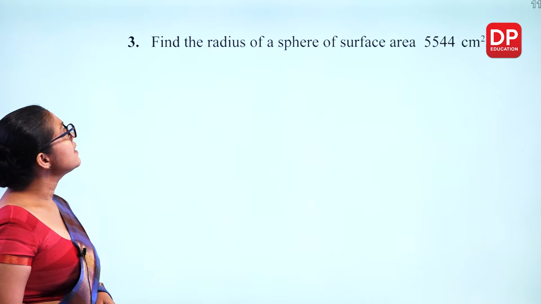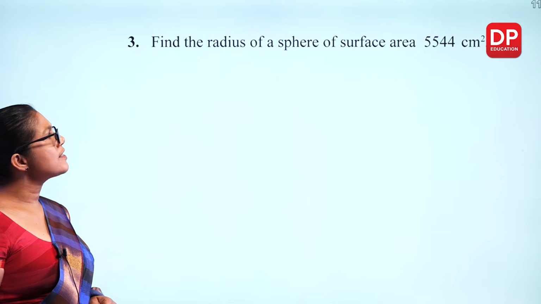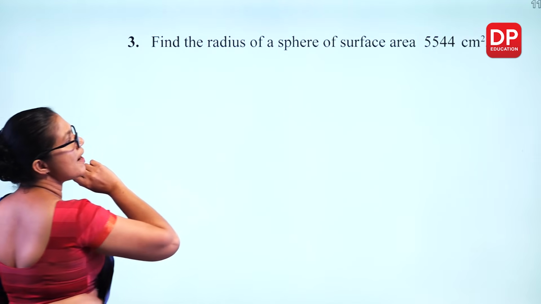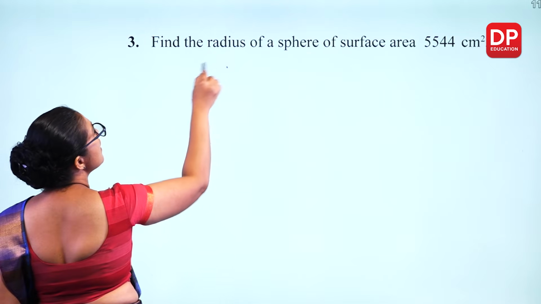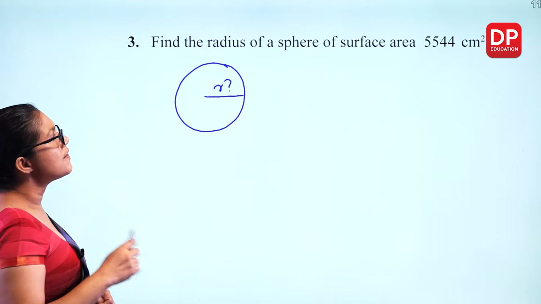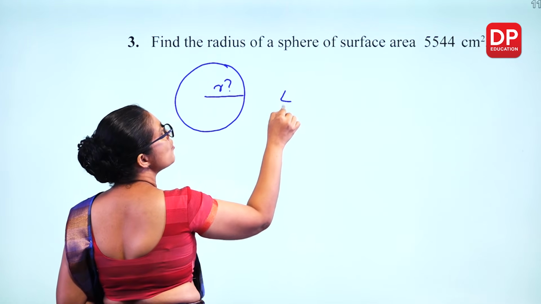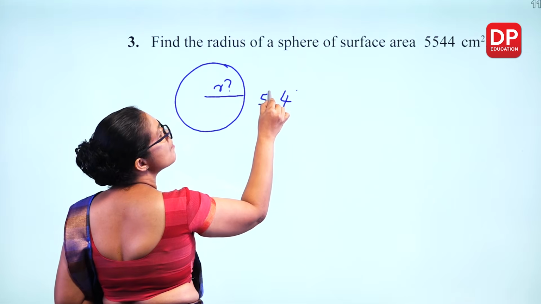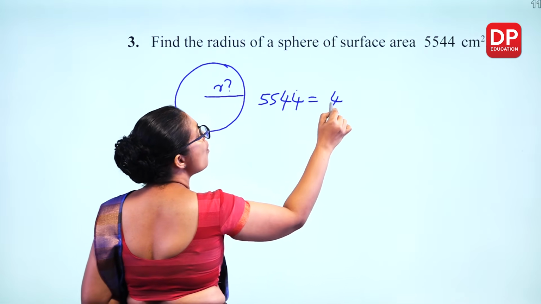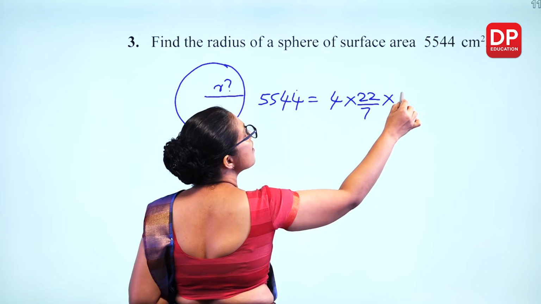Now we'll look at the third question. It says find the radius of the sphere if the surface area is 5544. So here you are asked to find out the radius when the surface area is given 5544. So use the formula. 5544 is equal to 4 pi, which is 22 over 7, r squared.